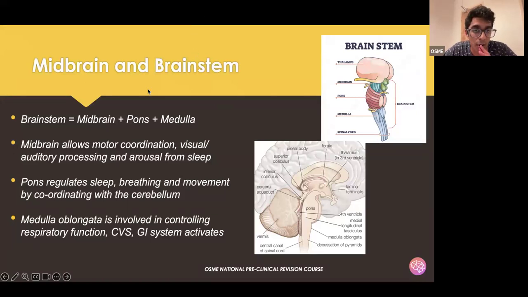Then in terms of the midbrain and the brainstem, the brainstem is composed of three different parts: the midbrain, the pons, and the medulla. The midbrain allows motor coordination as well as visual and auditory processing and arousal from sleep. The anatomy of the midbrain is actually quite straightforward if you Google it specifically.